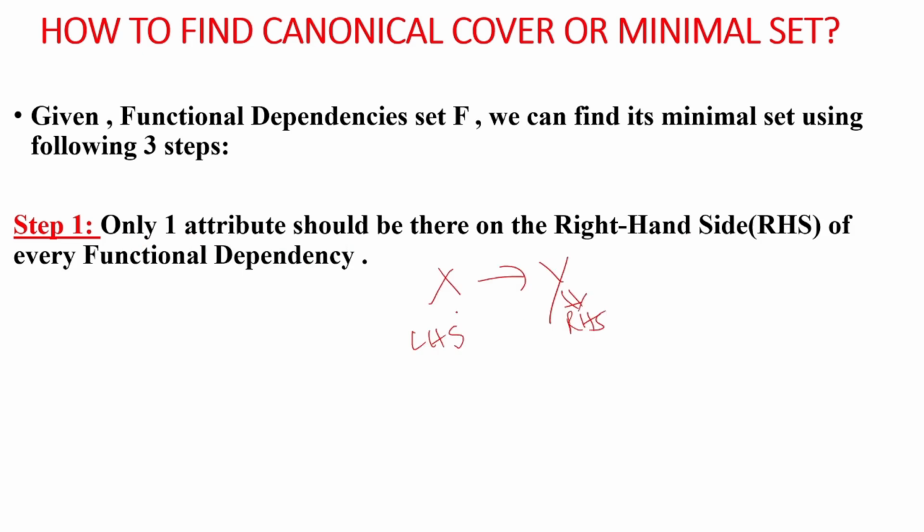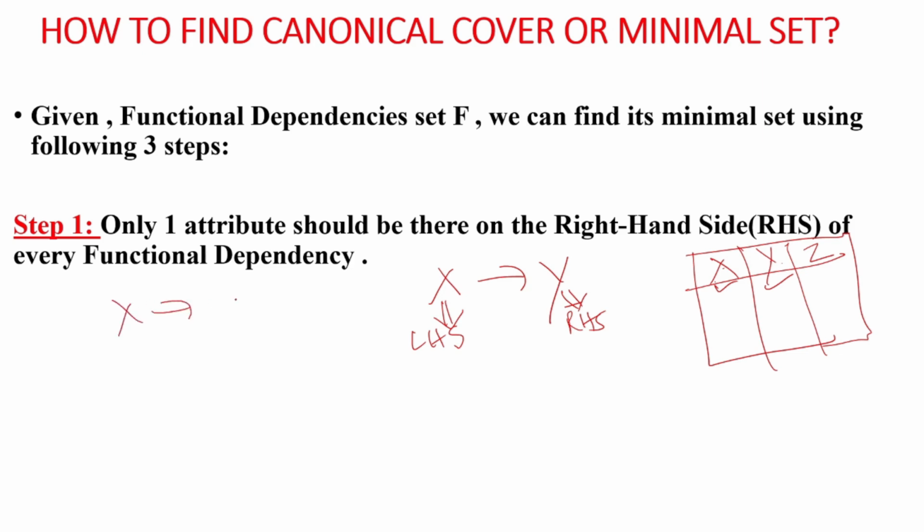So Y is on the right hand side of the functional dependency and X is on the left hand side. What are X and Y? They are nothing but attributes. In simple words, in a database table, X and Y will be column names. Column we can also call attribute. So only one attribute should be there on the right hand side of every functional dependency.